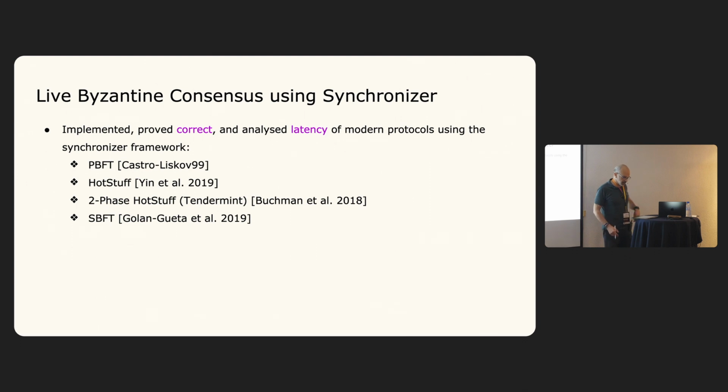With this synchronizer, we were able to write simple code for modern consensus algorithms, including PBFT, HotStuff, two-phase HotStuff, which is essentially identical to Tendermint, and SBFT. You can find the results in the paper.